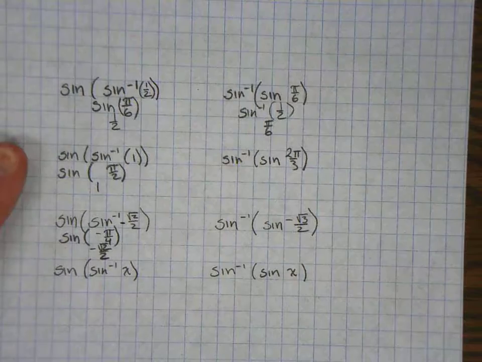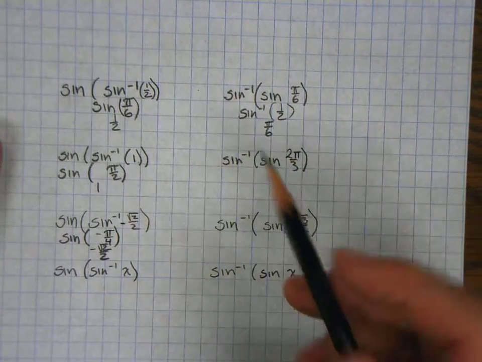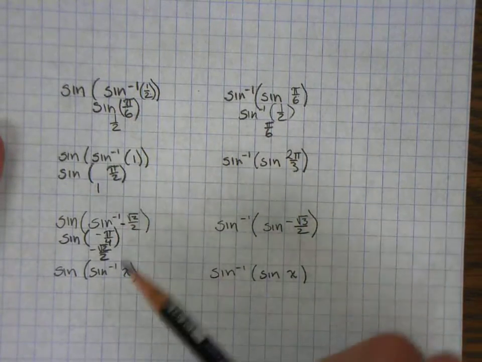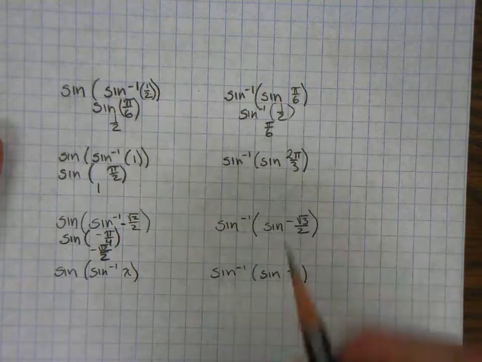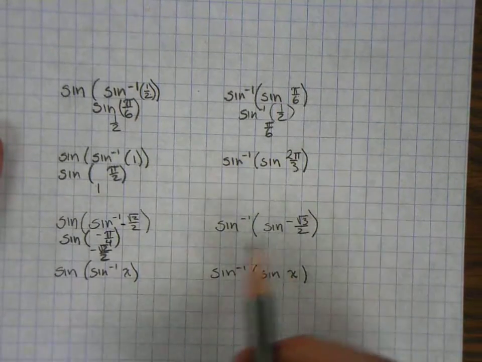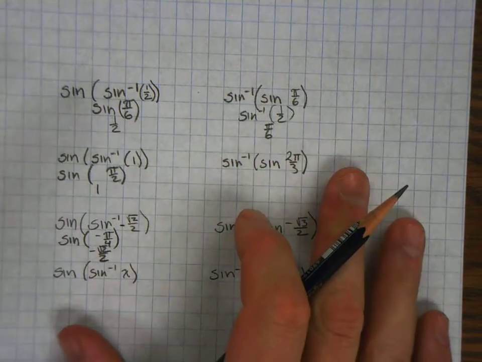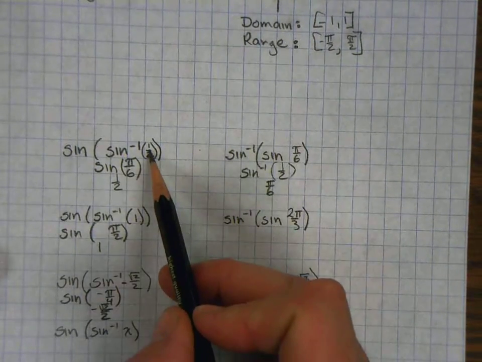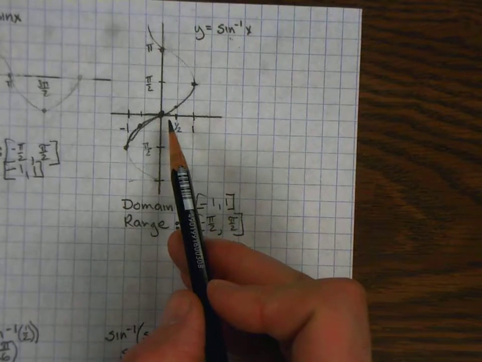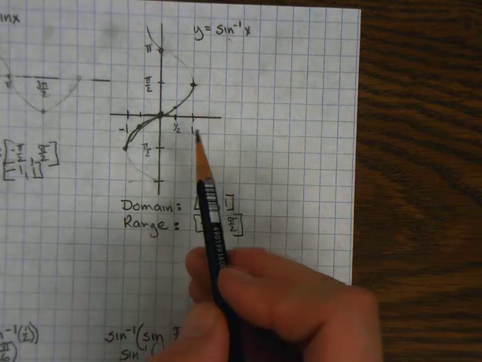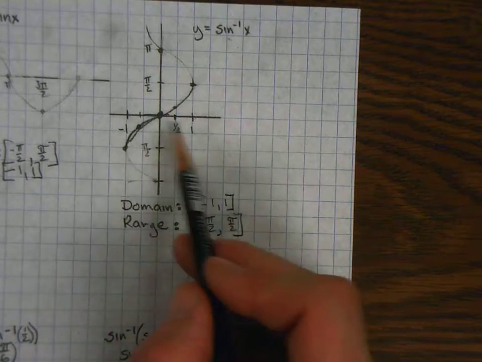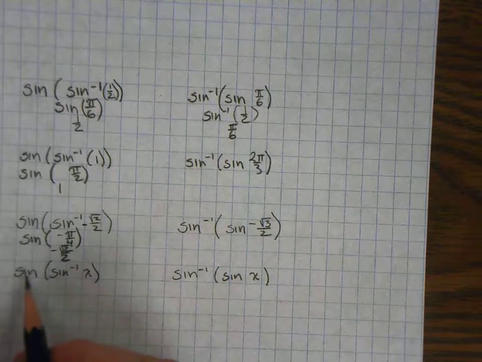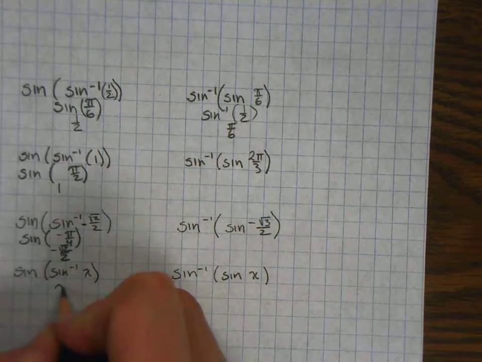And so it sort of appears we're always going to get the same ratio back that we put in, but that's not the case. We actually only get the same ratio back when our beginning ratio is put into inverse sine first. So it's not like I could put some number that's outside of here. When inverse sine is on the inside, sine of inverse sine of x is always going to be x.